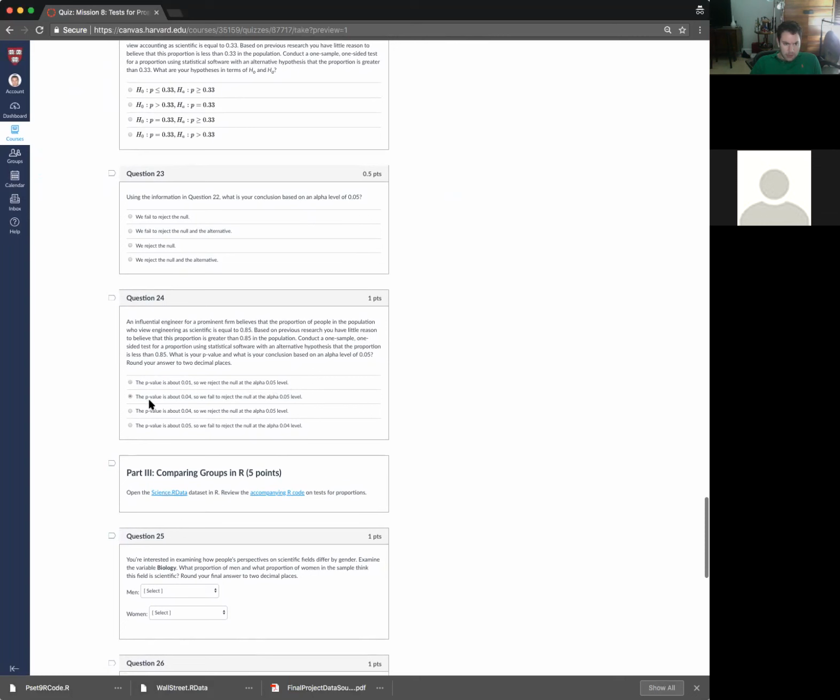Let's look at the next answer. The p-value is about 0.04, so we fail to reject the null at 0.05. Does that make sense or no? No, right? The p-value is about 0.04, so we reject the null hypothesis at the alpha 0.05. What about this one? Yeah, that's fine. And this one, the p-value is about 0.05, so we fail to reject the null hypothesis at the alpha 0.04 level.